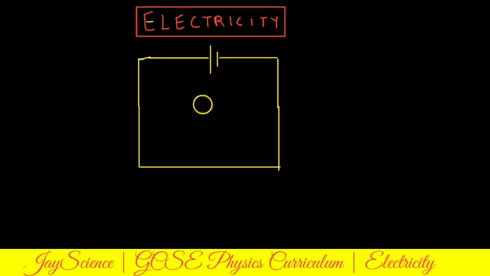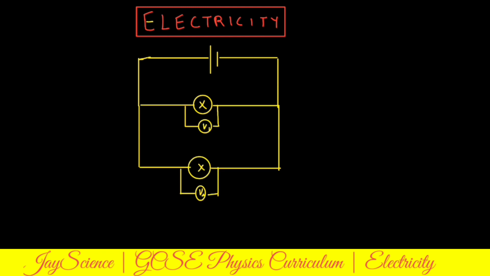So let's say we've got a bulb here, and we've got a second one here. Let's say the starting current here is I. That's the starting current. And then we'll have I1, that's the current passing through that junction, and I2, that's the current passing through this junction.